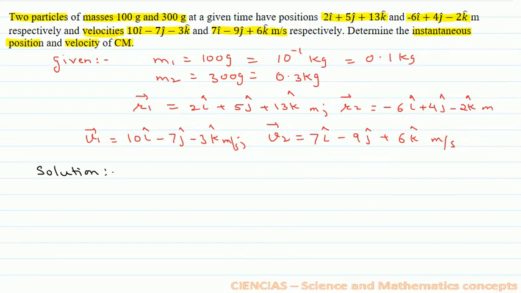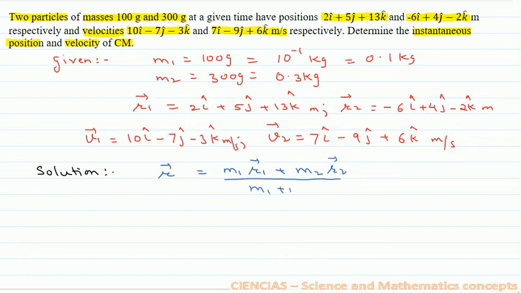The position vector for center of mass is given by r is equal to m1 r1 plus m2 r2 divided by m1 plus m2.